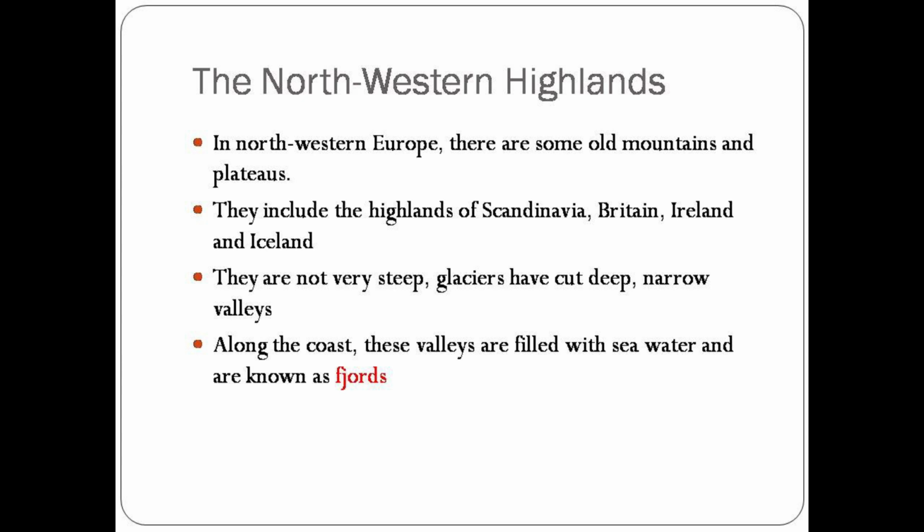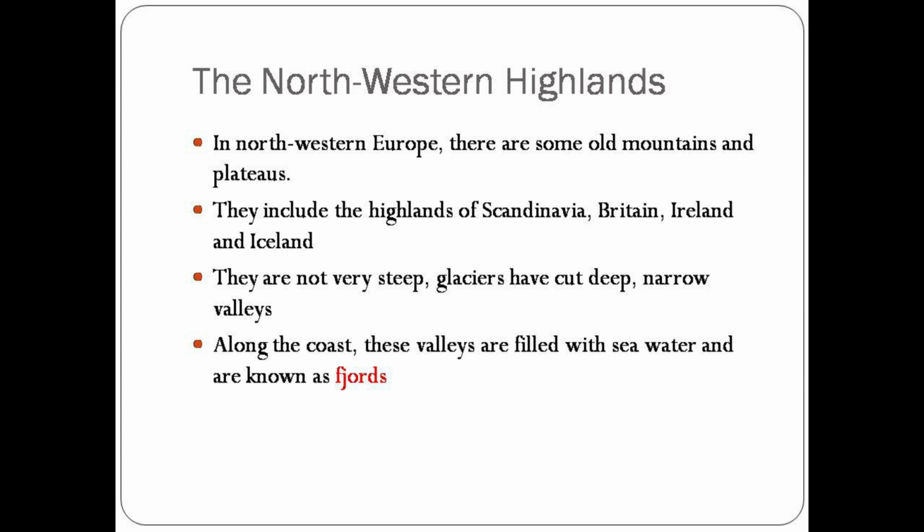They include the highlands of Scandinavia, Britain, Ireland, and Iceland. These and the Ural Mountains are the oldest highlands of Europe. They are not very high or steep as they have been eroded by rivers and glaciers over millions of years.